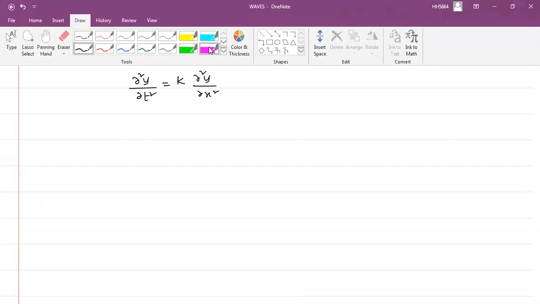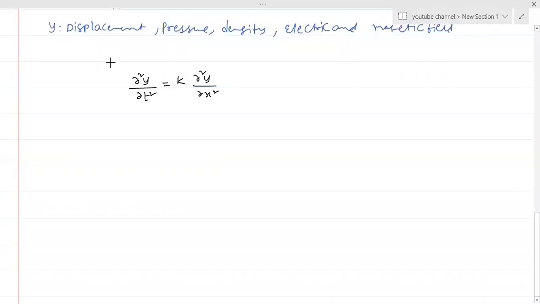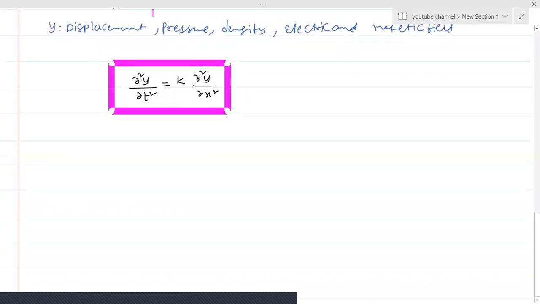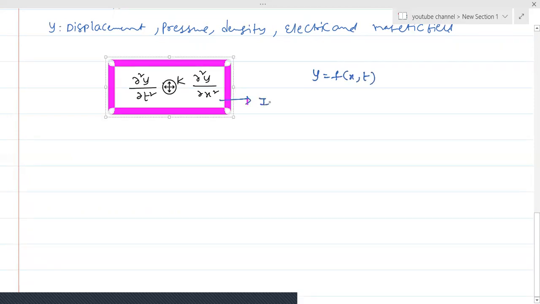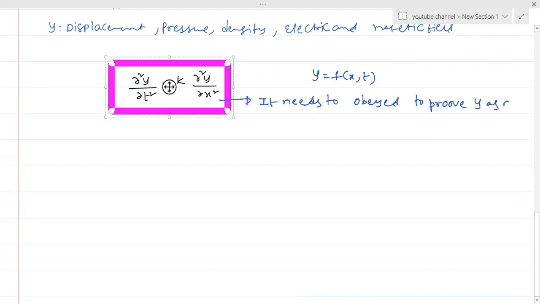This is the required condition when y is given as a function of x comma t. To prove y as a wave, this condition needs to be obeyed. That is the mandatory condition.